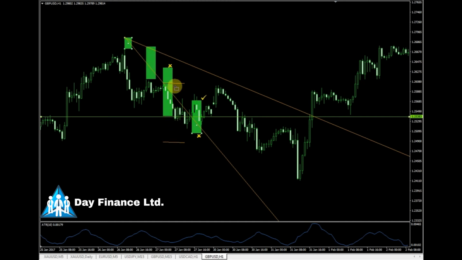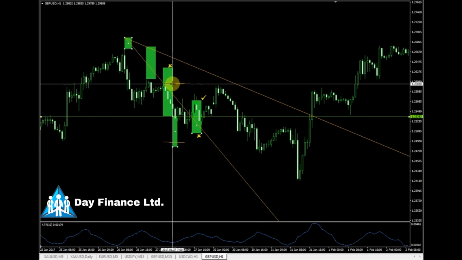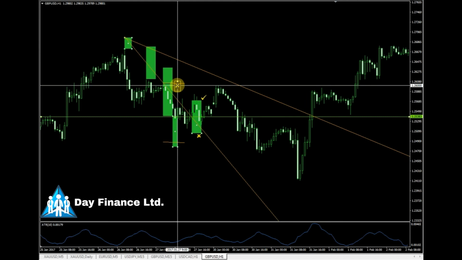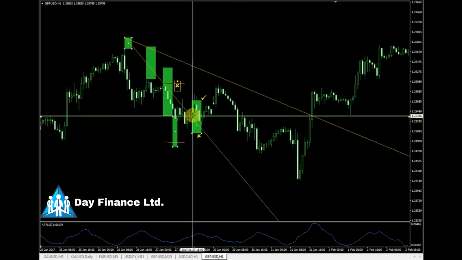And obviously the third target will not be reached, probably, so you will get these two targets, but then when you move your stop loss here, you will be out.